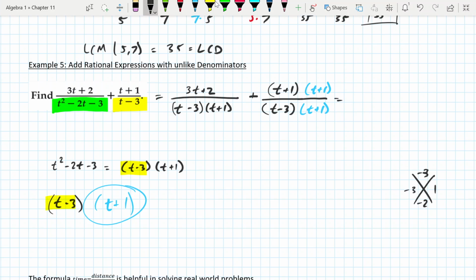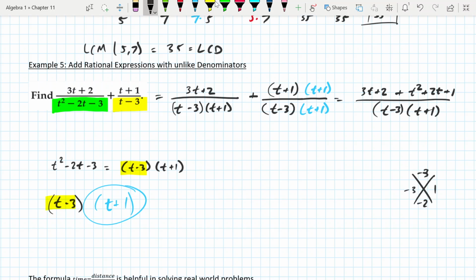Now what do I get? I get t minus 3 times t plus 1 in my denominator. 3t plus 2 plus, well, I have t plus 1 times t plus 1 is t squared plus 2t plus 1.